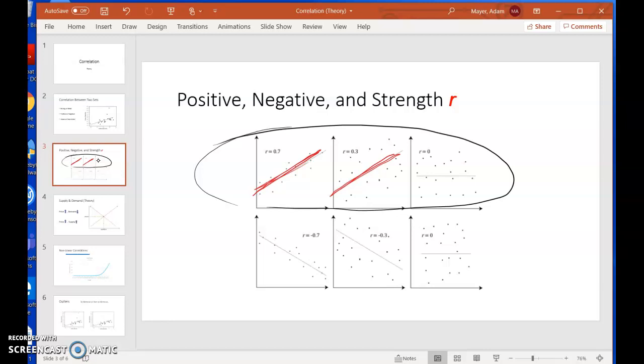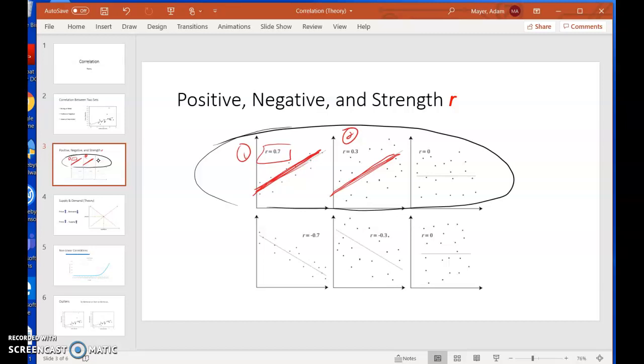Of the first and second graphs, the first graph has data points that are more tightly centered about that line of best fit. So we have not only a positive correlation because it's trending upwards, but a stronger positive correlation, noted by that R correlation coefficient that's close to 1.